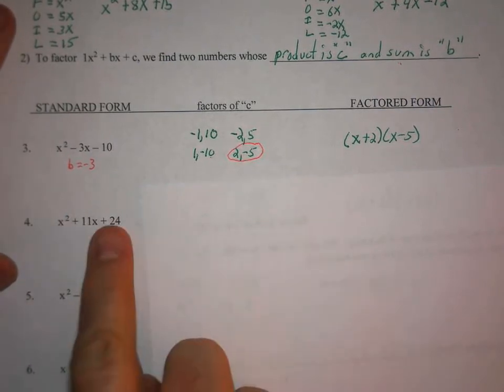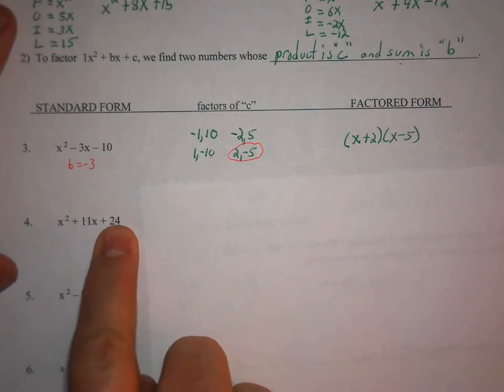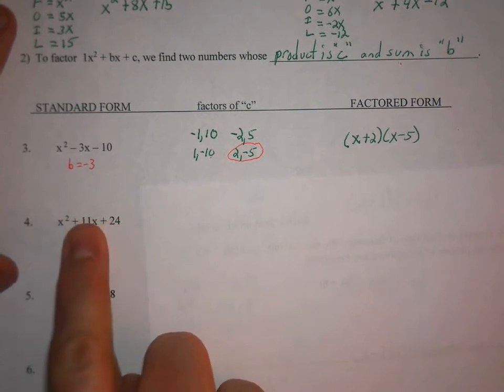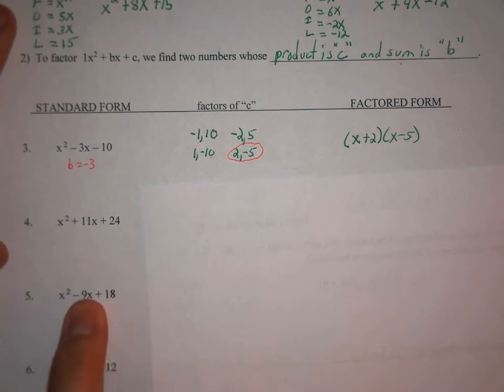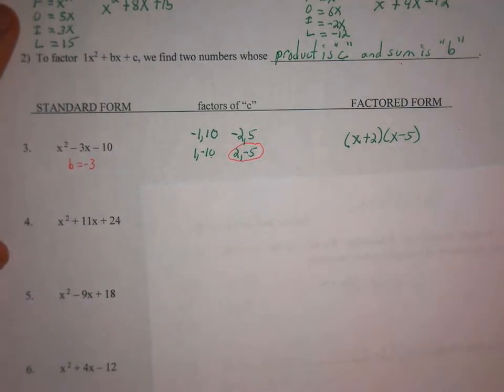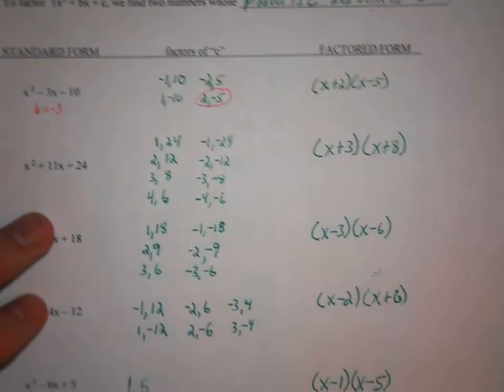In the next one you're going to want to find what multiplies to 24 that adds to get positive 11. The next one down, what multiplies to positive 18 and gives you negative 9 when you add them together. Those are the things you want to think about. I'm going to show the answers just to keep this video shorter, and you can go through and check your answers.